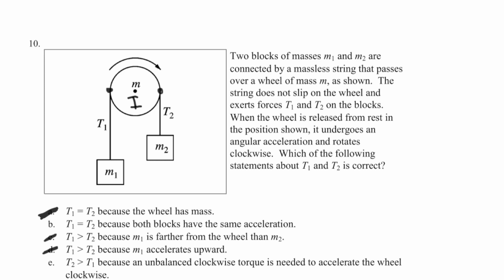And then T2 is greater than T1 because an unbalanced clockwise torque is needed to accelerate the wheel clockwise. This is definitely the simplest answer out of the bunch, and it's going to be the right one. Tension points out from every point. So T2 acts up on M2, but T2 also acts down on the pulley right here.